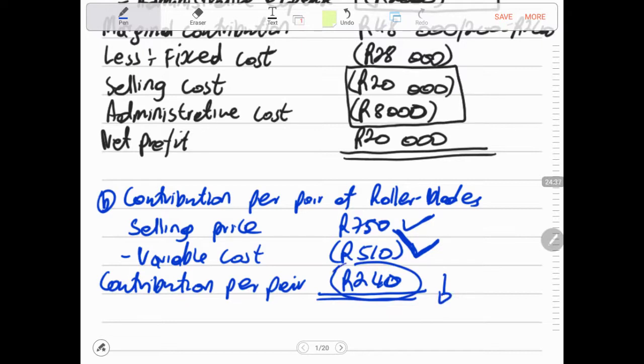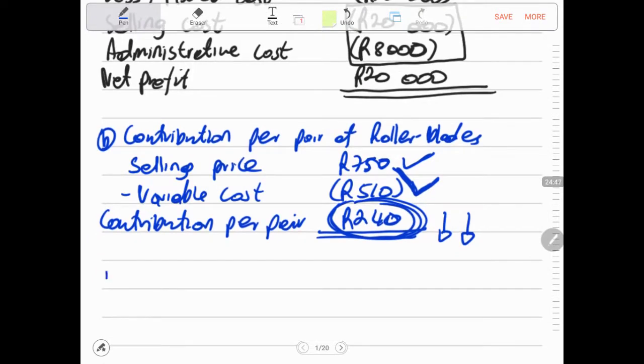For every unit we sell, this 240 will reduce our fixed cost. That is why, when the total contribution, let me write this one here. It's not necessary for this question, but important to understand.